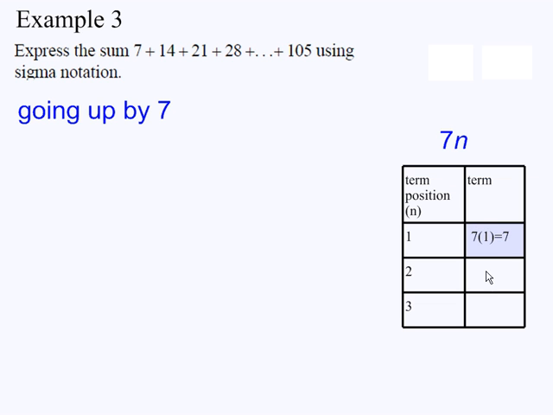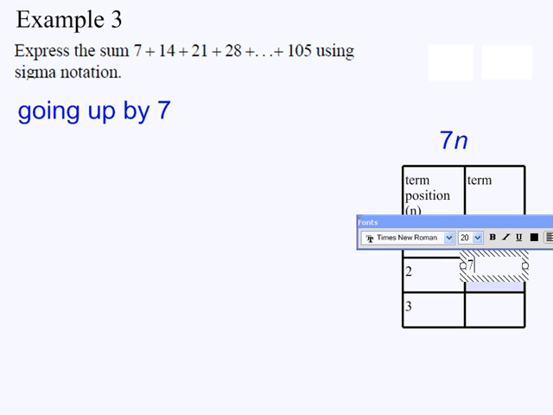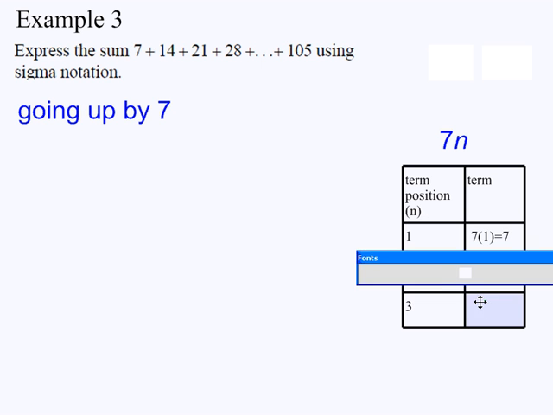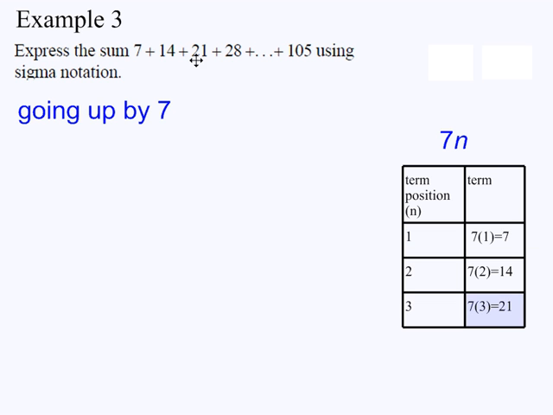So yeah, it correctly gave us the first term. 7 times 2, that's 14. Yes, it correctly gave us the second term. 7 times 3 is 21. It correctly gave us the third term. So we have a formula. We have a beginning point. It's 1. The only thing we have to think about is what will be the end.